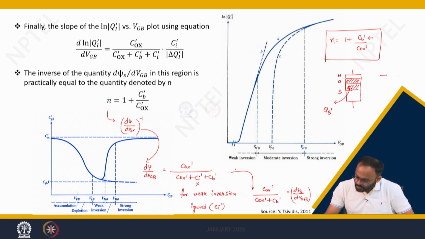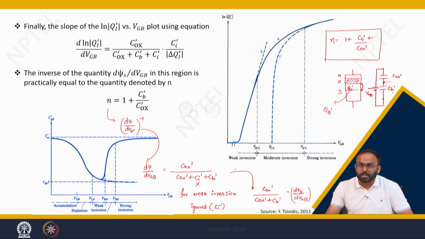So what you are doing, you have one capacitance which is Cox dash, and you have another capacitance which is the body capacitance Cb dash, and you are applying the gate to body voltage VGB in this configuration where two capacitances are in series. You want to calculate what is the surface potential. So you see the surface potential will come across this region, right?